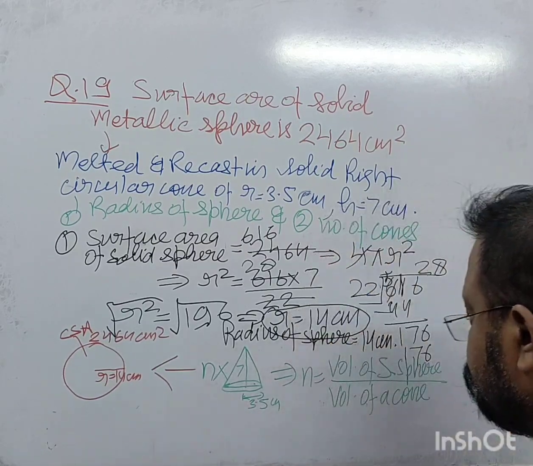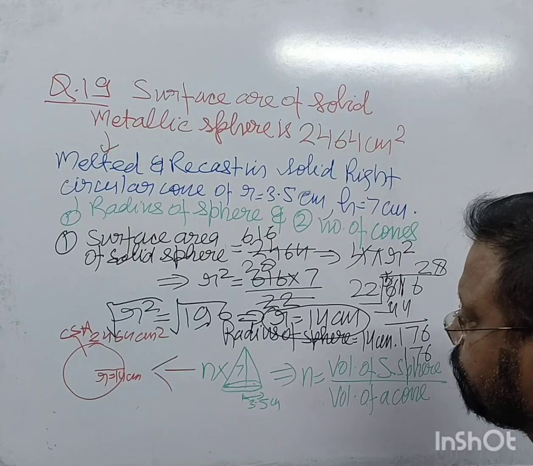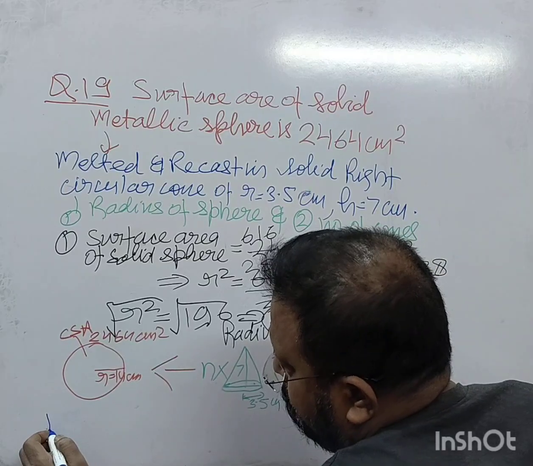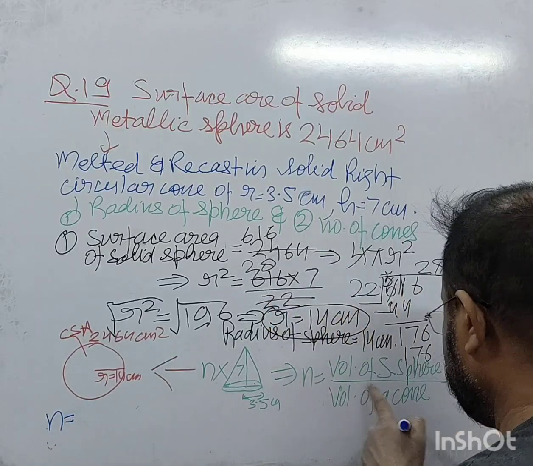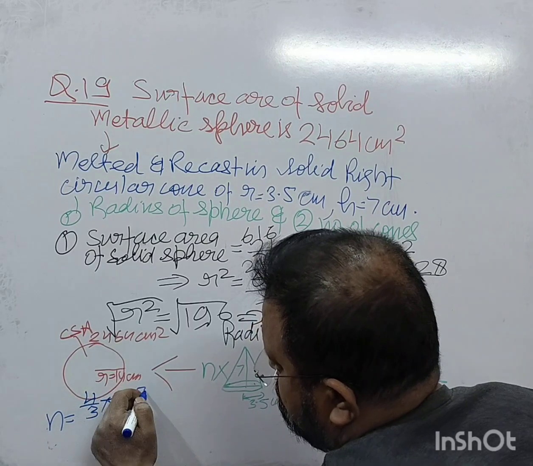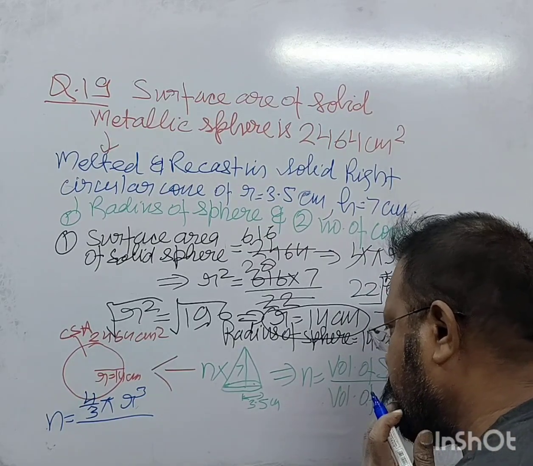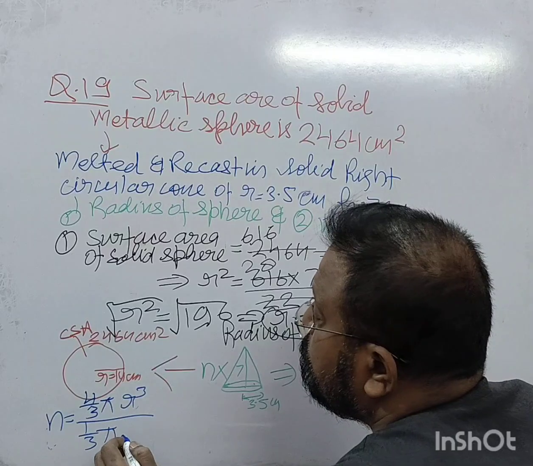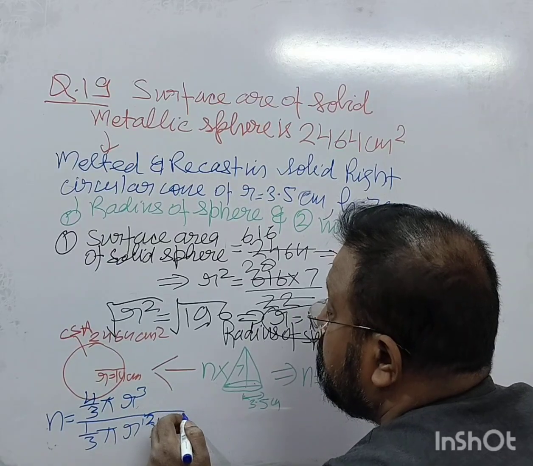So how much will it be? Solid sphere, 4 by 3 pi r cube, upon 1 upon 3 pi r dash square into h, right?